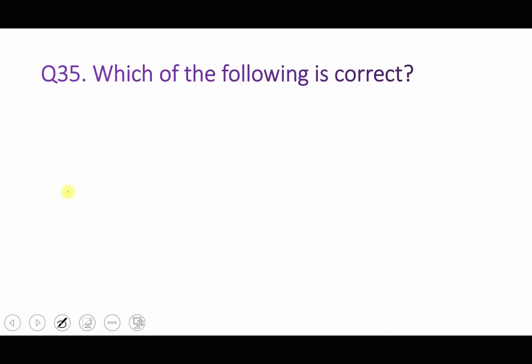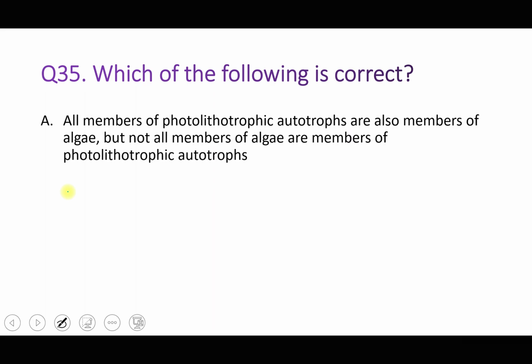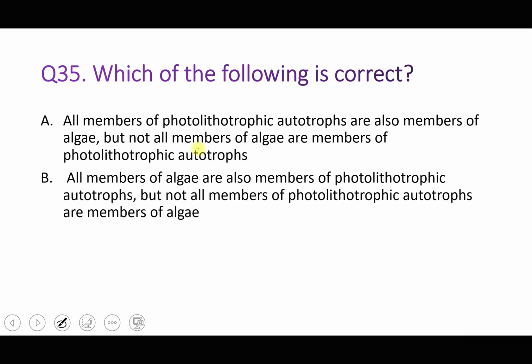Question number 35, the last question. Which of the following statements is correct? Now listen to these statements and understand them very carefully. A, all members of photolithotrophic autotrophs are also members of algae, but not all members of algae are members of photolithotrophic autotrophs.